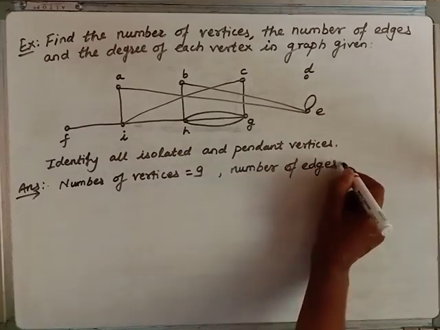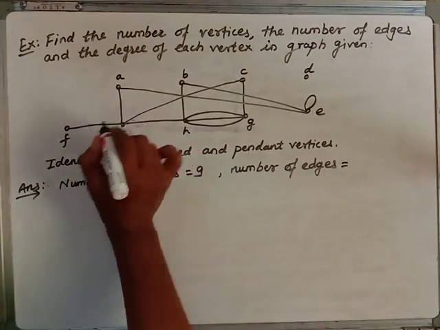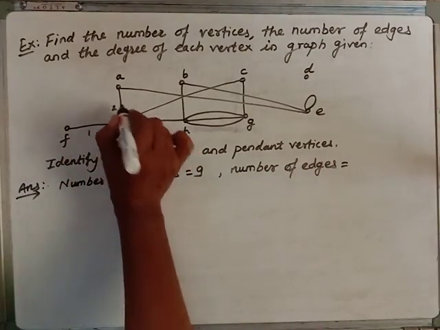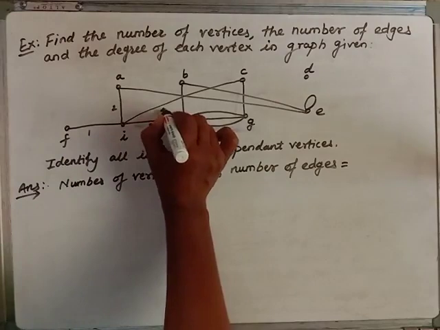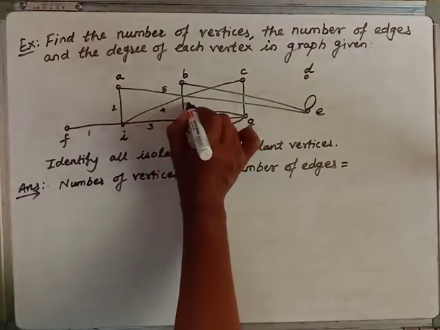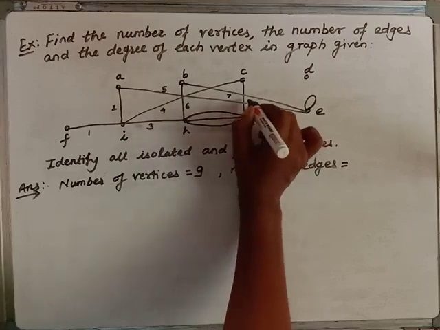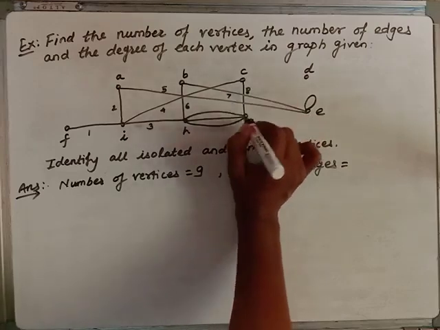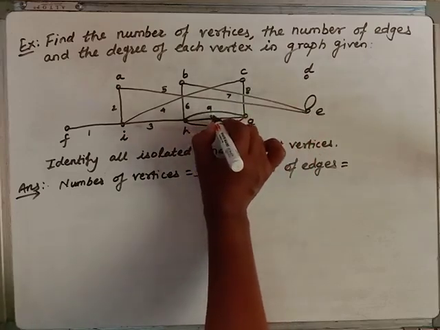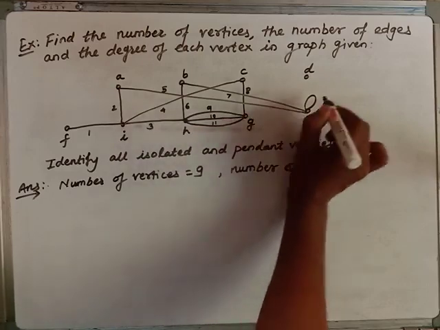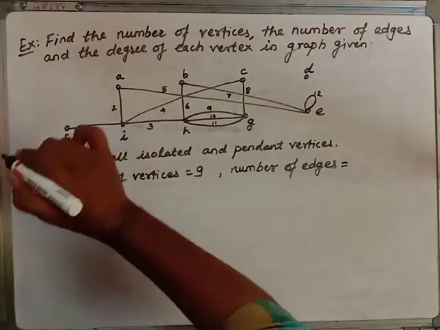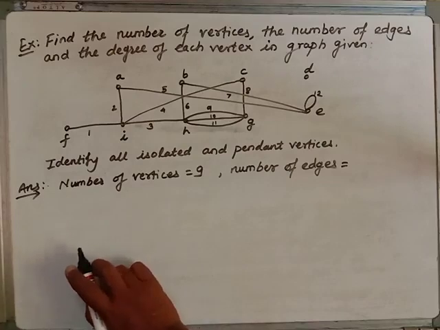So let's calculate them: 1, 2, 3, 4, 5, 6, 7, 8, 9, 10, 11, 12.